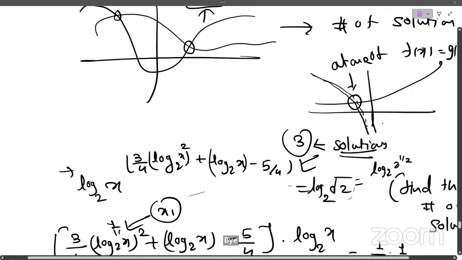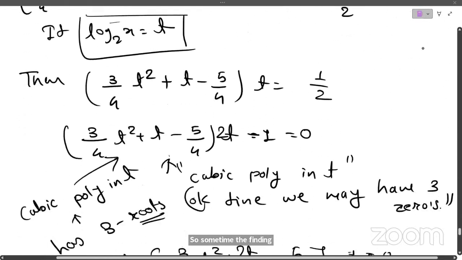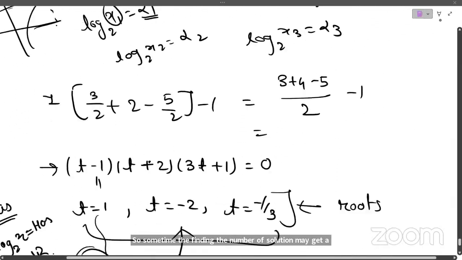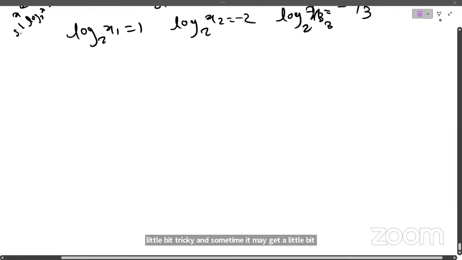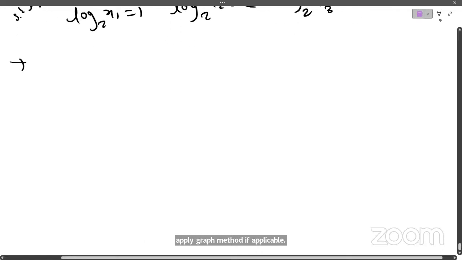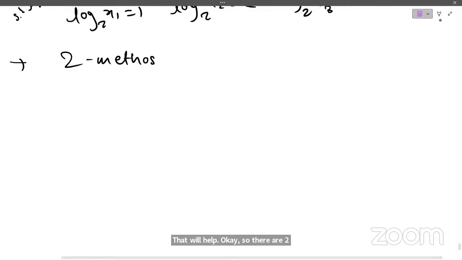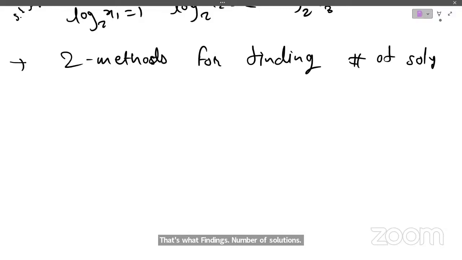Sometimes finding the number of solutions may get a little bit tricky, and sometimes it may get a little bit easy, but you have two methods. First one, I'll suggest apply the graph method if applicable. That will help. So there are two methods for finding the number of solutions of any expression.